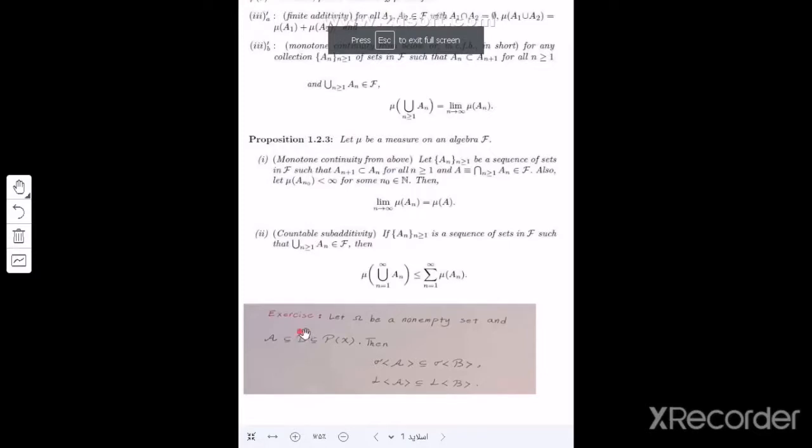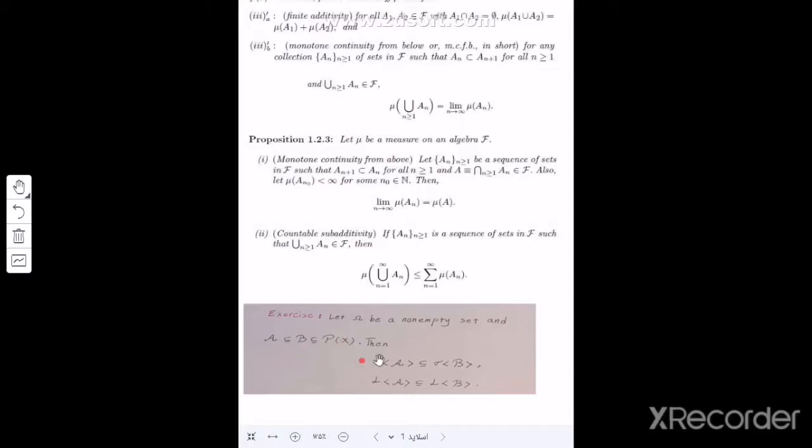Please see this exercise. It is easy and it is very, very important. Let omega be a non-empty set, and excuse me, it is wrong: it is omega, not x. Let A and B be collections, where the collection A is a subset of B, and B is a subset of P of omega.